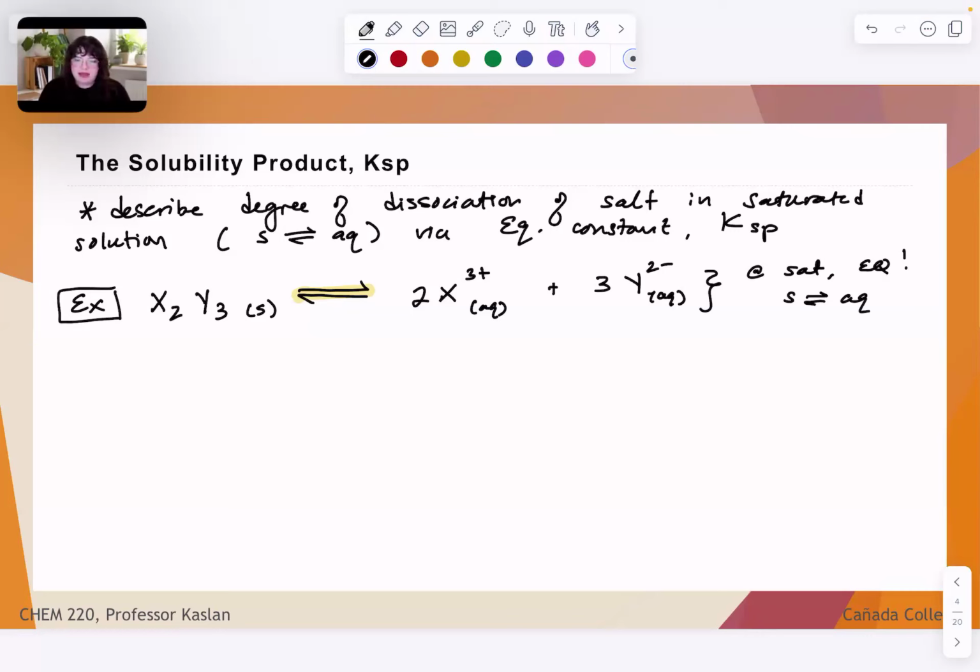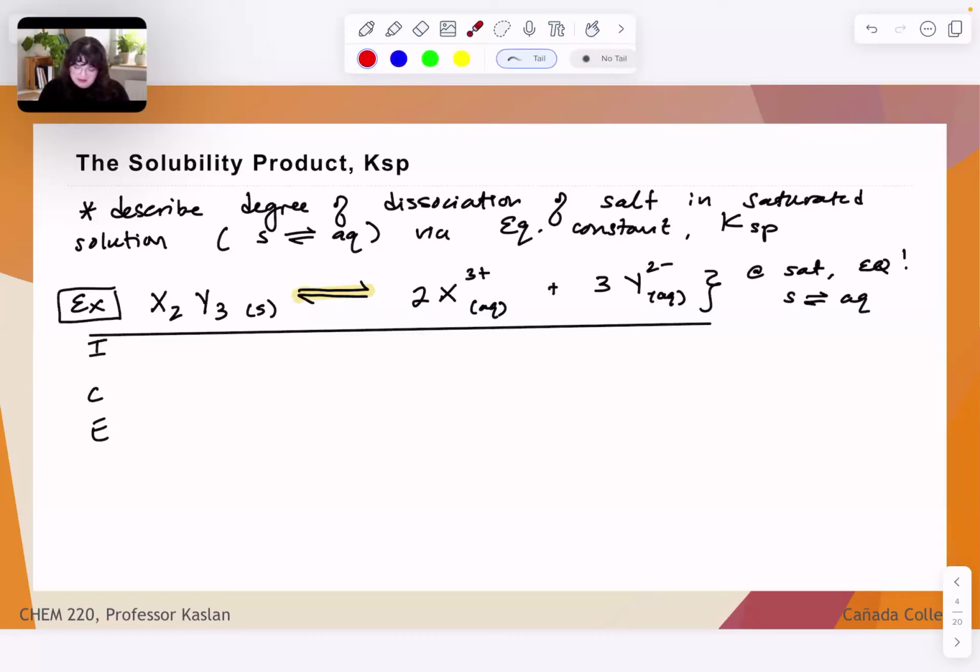So let's see if we can construct an ice table, because that's how we understand getting from an initial state, like starting to dissolve something, to this equilibrium state, and then relating that all to some equilibrium constant K. The unique thing that is inherent in all ionic solubility equilibrium expressions is that one of those phases in this equilibrium is one of the condensed phases, the solid phase, meaning that any expression of what's happening with the amount of the solid is not included in our ice table.